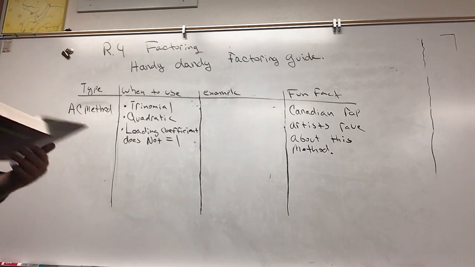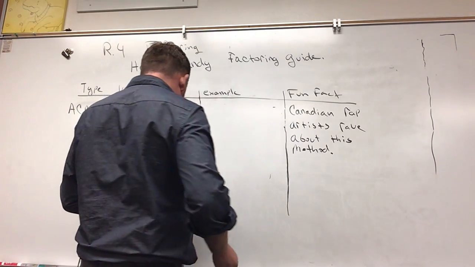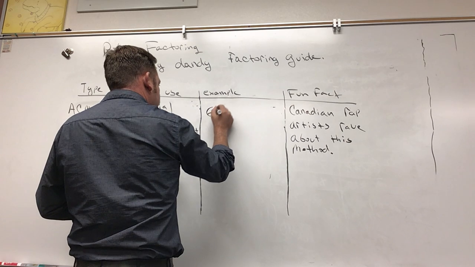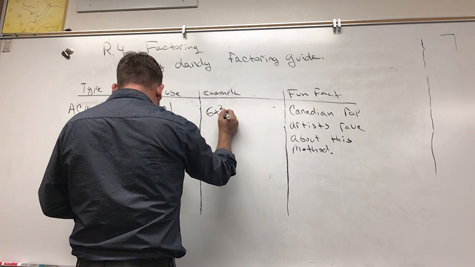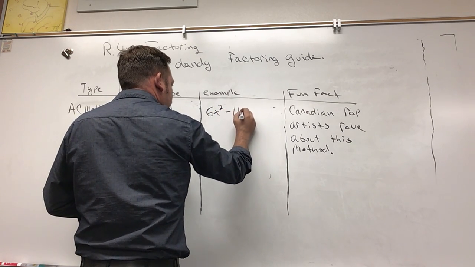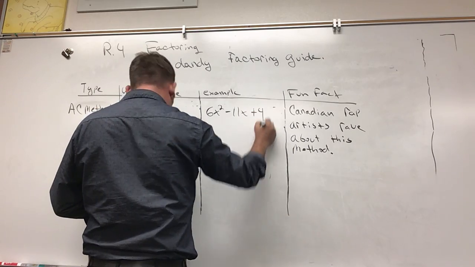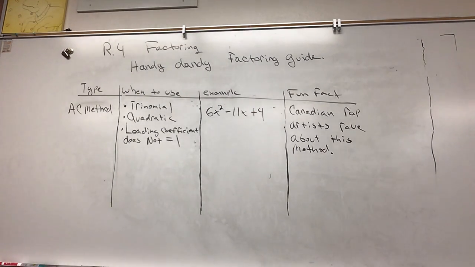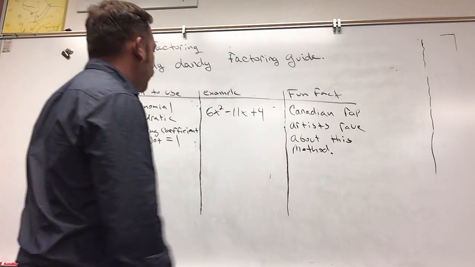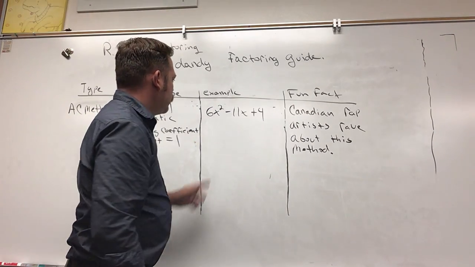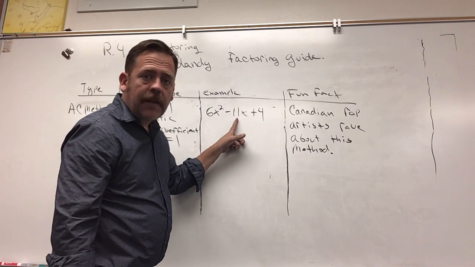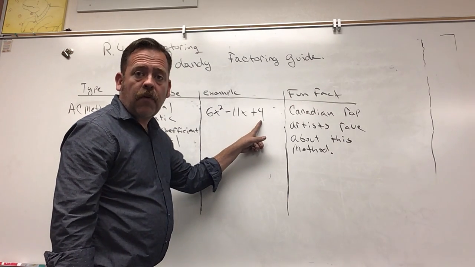All right. Let's try 6x squared minus 11x plus 4. All right, so my A number is 6, my B number is negative 11, my C number is 4.